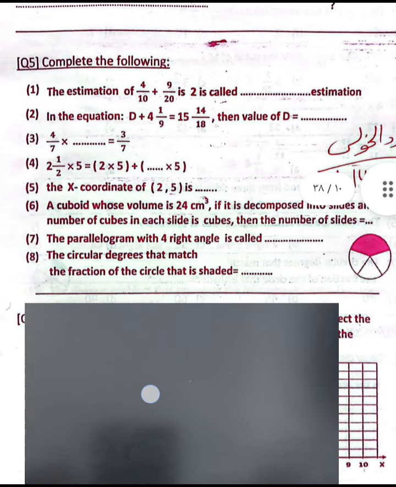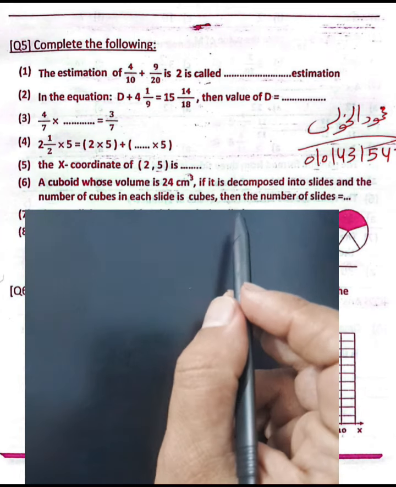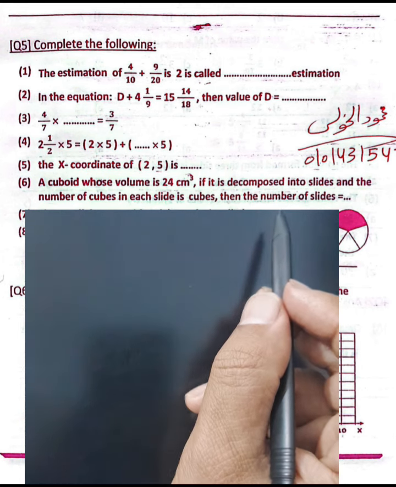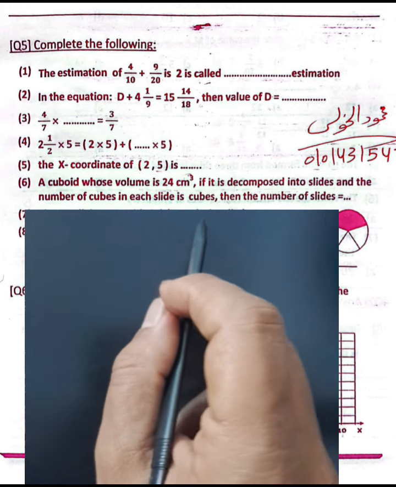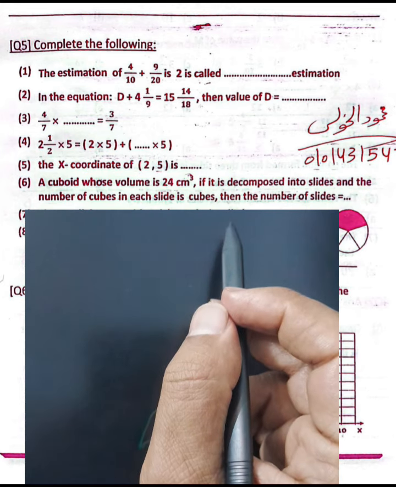Question number 6, a cuboid whose volume is 24 cubic centimeters, and it's decomposed into slices, and the number of cubes in each slice is cubes. This is the number of slices, it will be what?